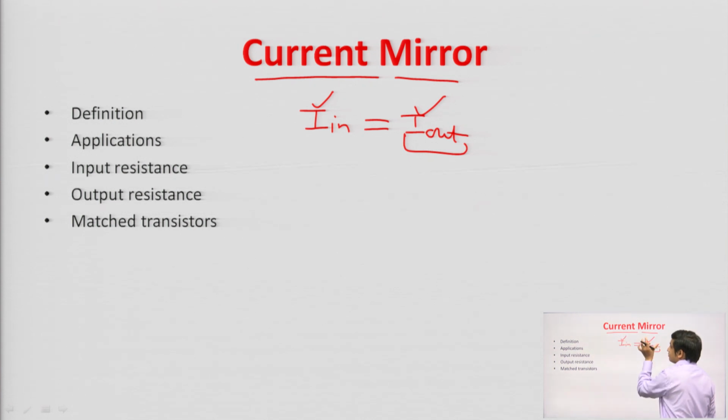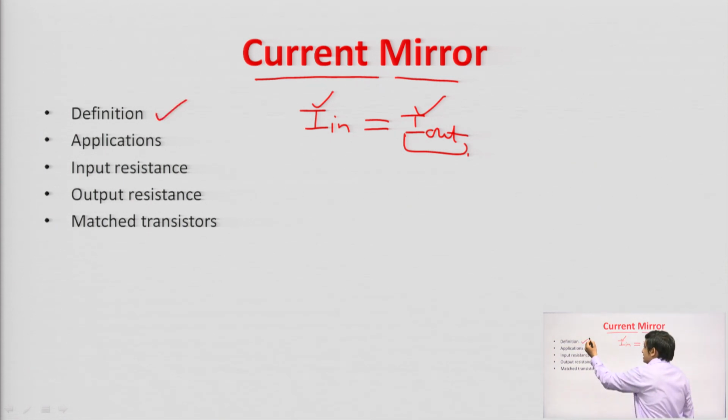That is why it is called a current mirror. So, a current mirror is a circuit in which the output current is the mirror of the input current, output current is equal to input current. Basically, this current mirror is used in biasing and also as an active load.